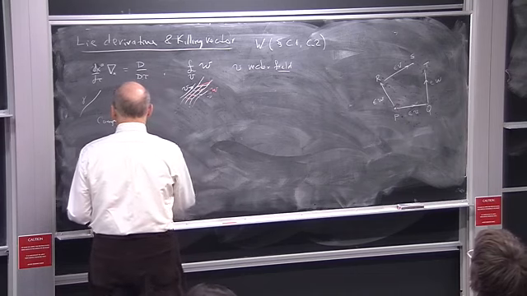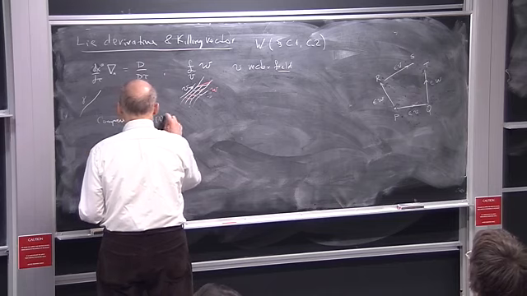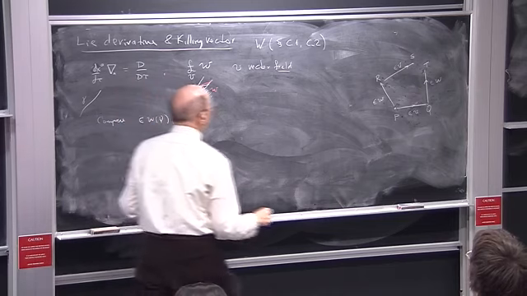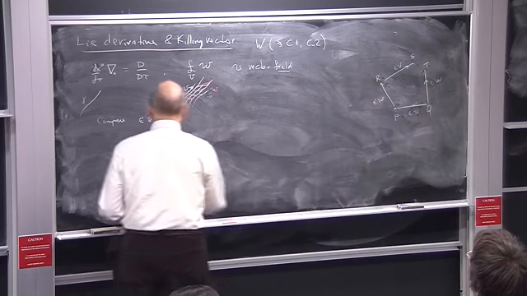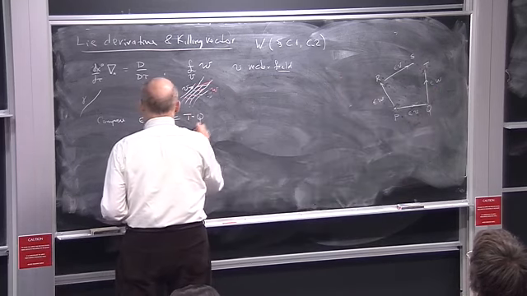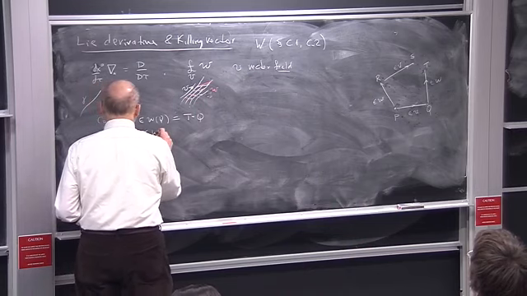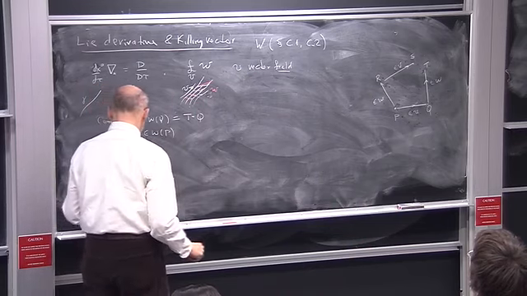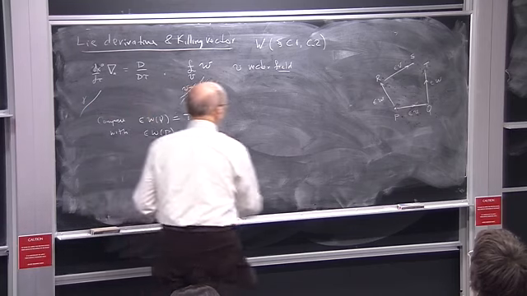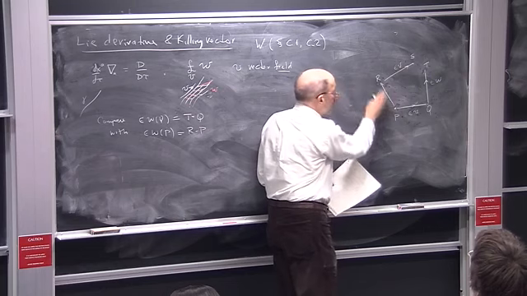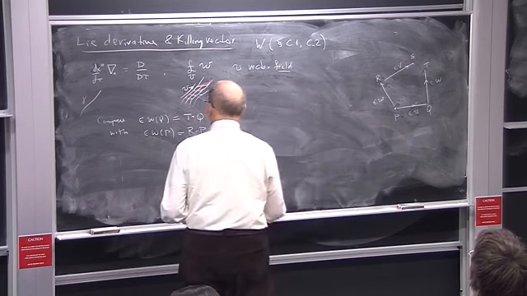So we want to compare epsilon W at Q, which is equal to T minus Q, with epsilon W at P, which is equal to R minus P. So as I said, we'll carry this one.